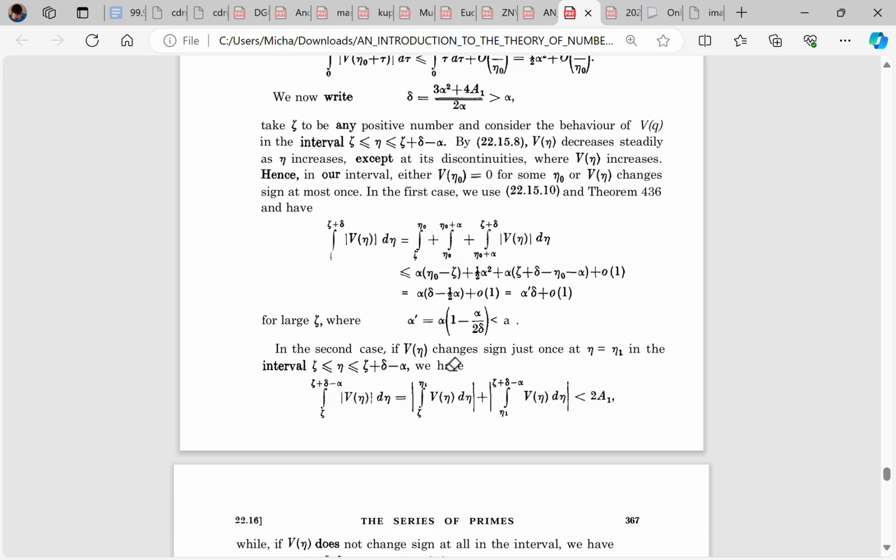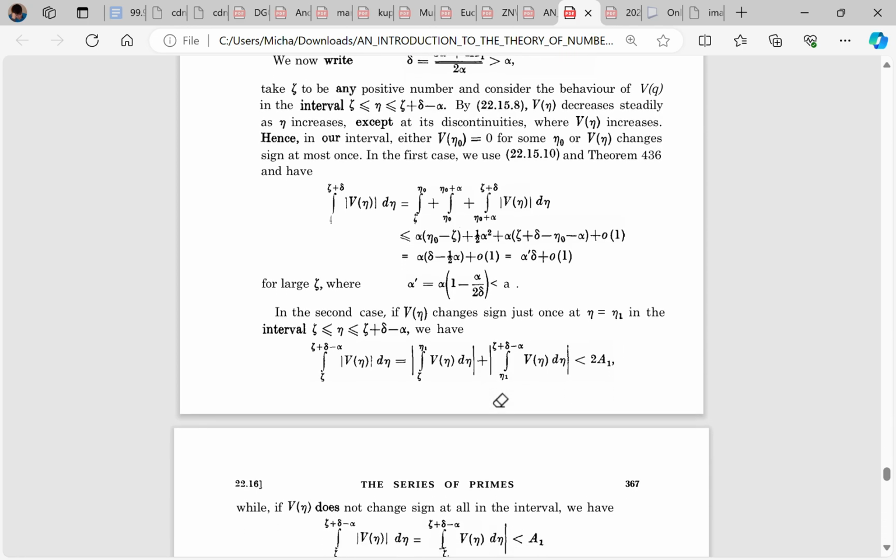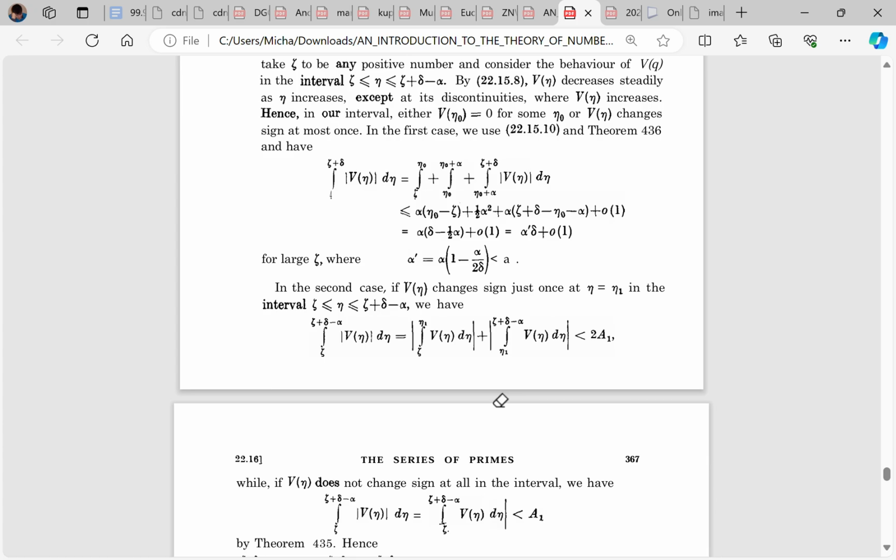Okay, so in the case where it changes sign just once, so there's also the cases where it changes sign not at all. And so here's when it changes sign once at eta 1. Then the good thing about the sign change is you can assume the absolute value is not needed when it's plus, and when it's negative, you just make it negative.